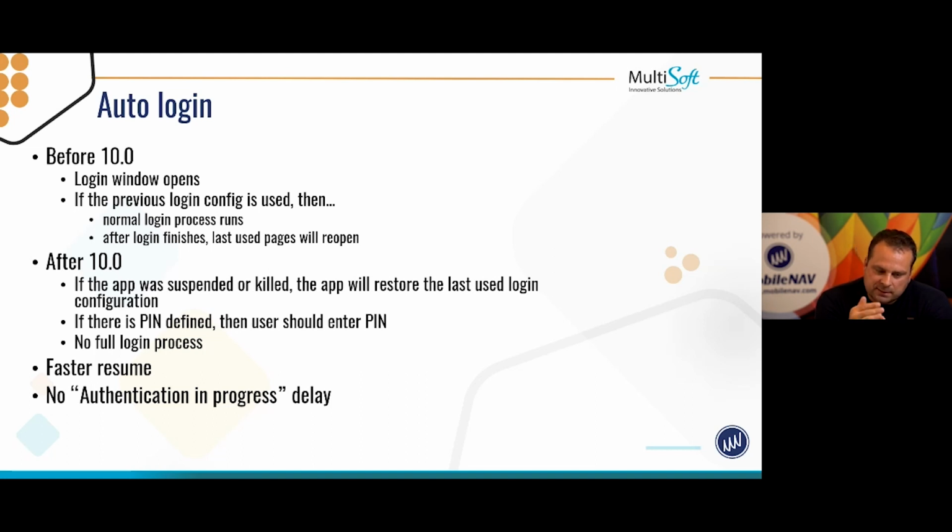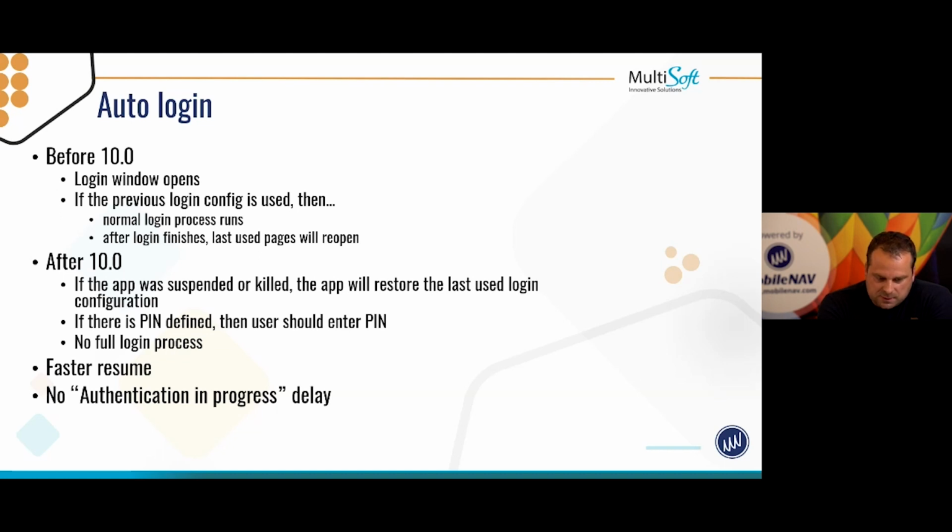And if the user selected the very same login configuration that was used before, then we realized that this is a restore. So after the login process, we restored all the pages which had been opened before. So that was the behavior before 10.0.